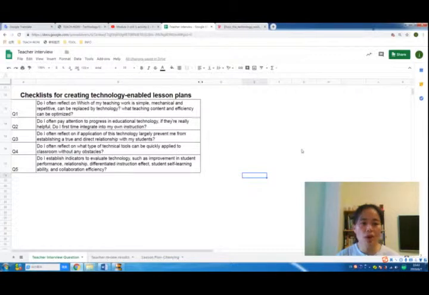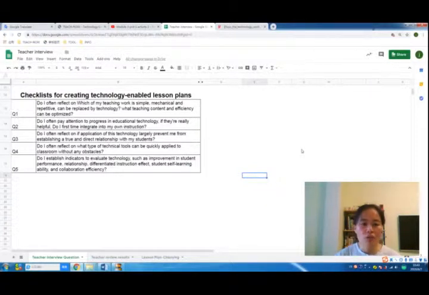Question 3. Do I often reflect on whether the application of this technology largely prevents me from establishing a true and direct relationship with my students? Question 4. Do I often reflect on what type of technology tools can be quickly applied to the classroom without any obstacles? Question 5.